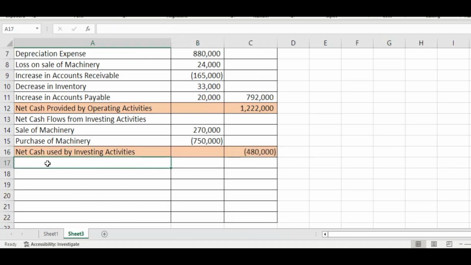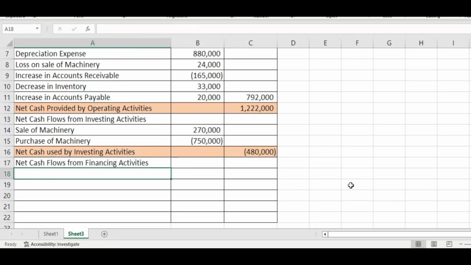We know there are three parts: operating activities, investing activities and financing activities. Already we have completed two parts. The next part is net cash flows from financing activities. So what are the financing activities of this company?